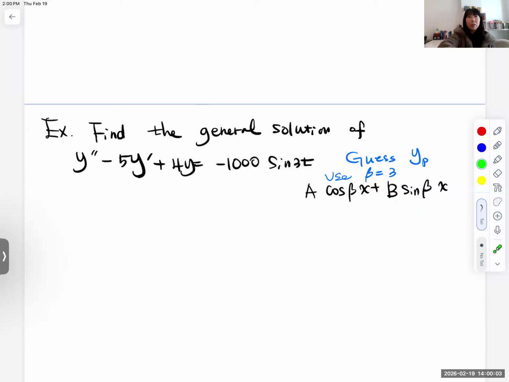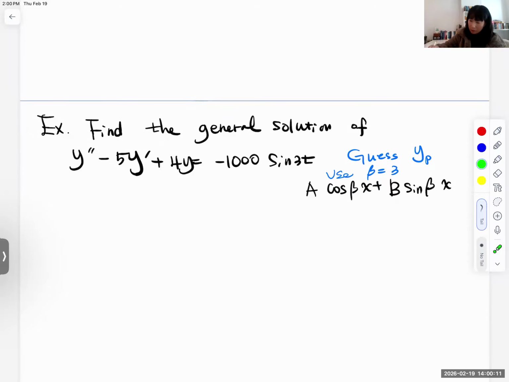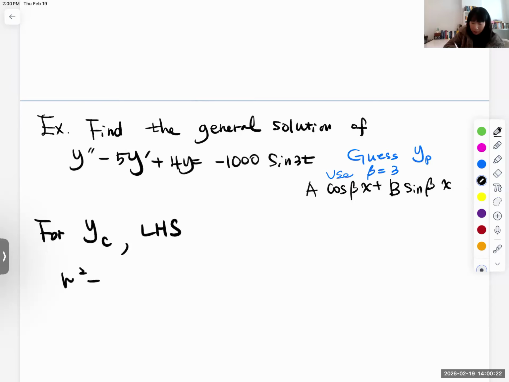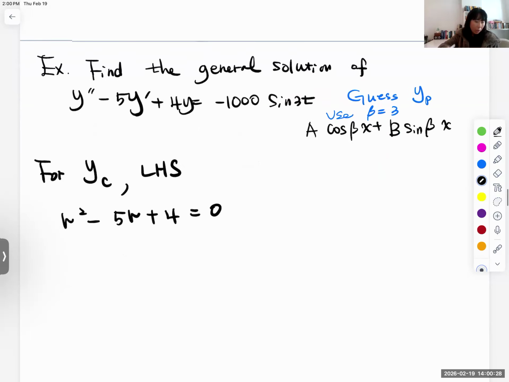Okay, now complementary solution. Y sub c, left-hand side, we're looking at that. So r squared minus 5r plus 4 equal to 0, right? Can you factor it? Yes, good. So what is that?